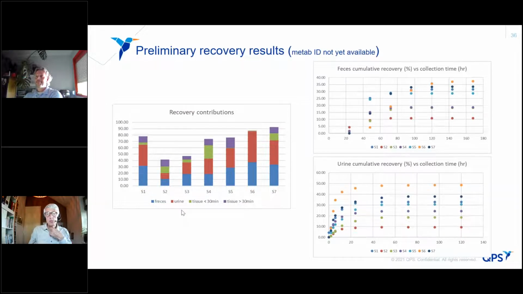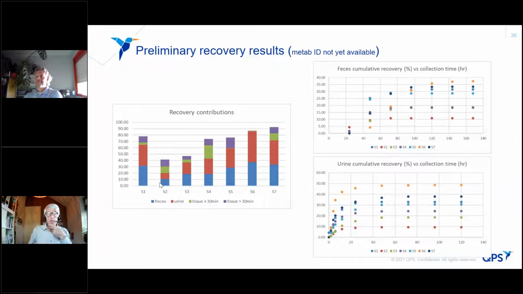So the study is currently under full analysis, but these are the initial results. And the first thing you can see over here is that the excretion, the recovery, is really very variable. So some of the subjects have a recovery of about 80%, and some subjects only have 40% recovery, which of course is not what you want.